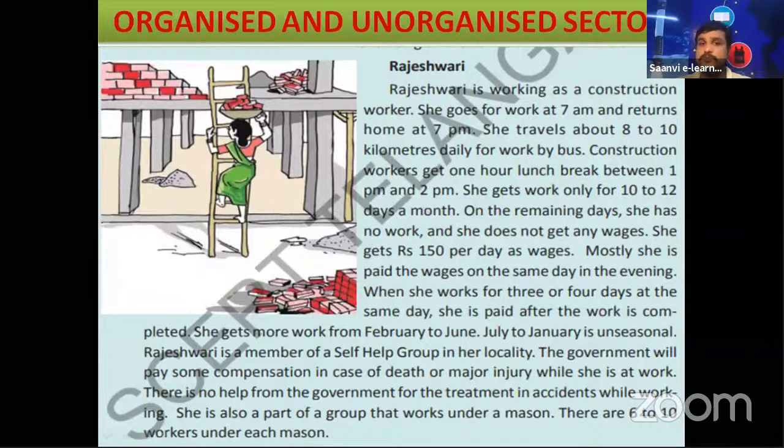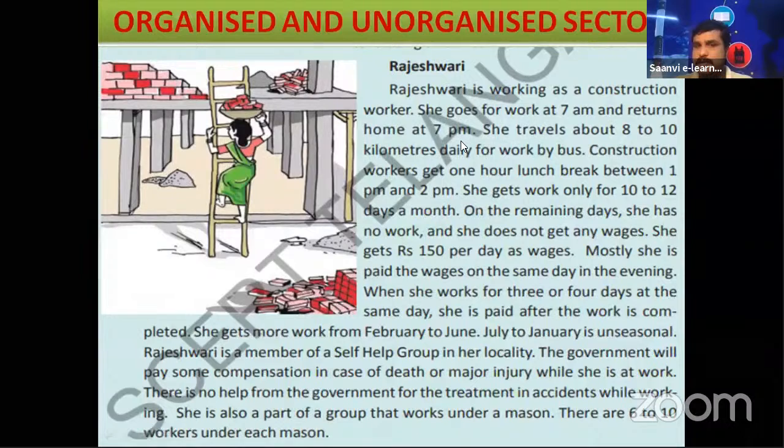She travels about 8 to 10 kilometers daily for work by bus. Construction workers get a lunch break between 1 p.m. and 2 p.m. She gets work only for 10 to 12 days in a month, and on the remaining days she has no work and does not get any wages. She gets rupees 150 per day income. Remember, 150 per day.